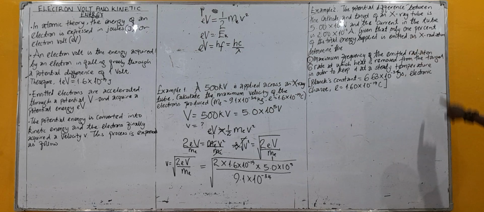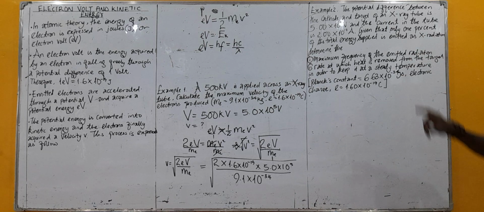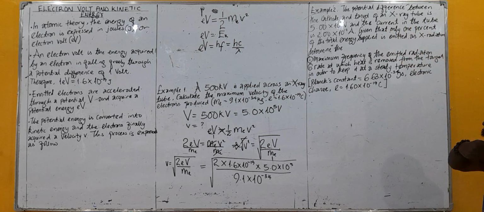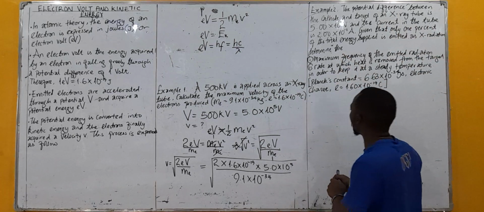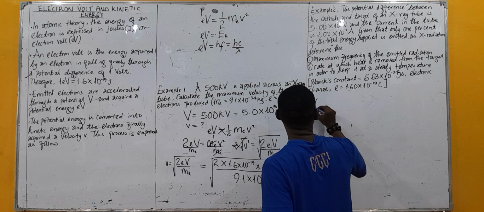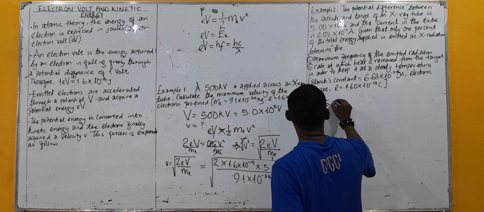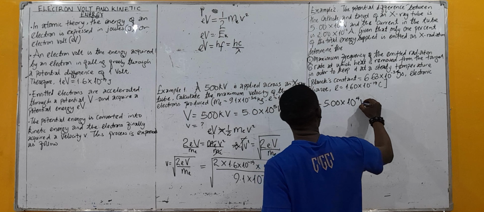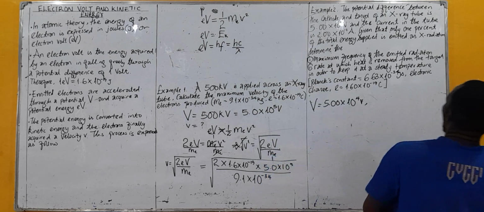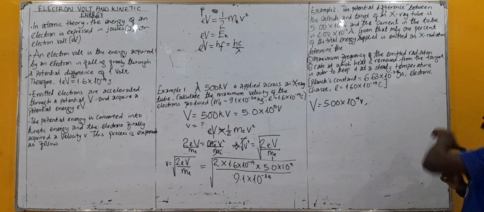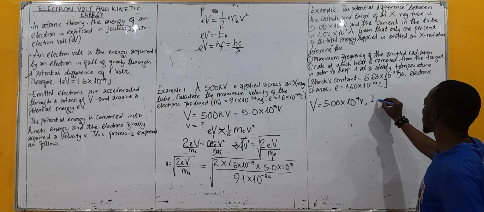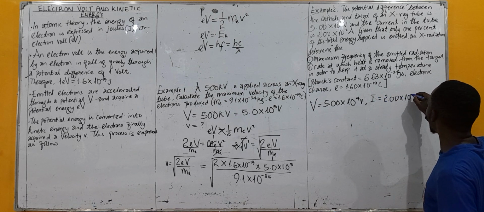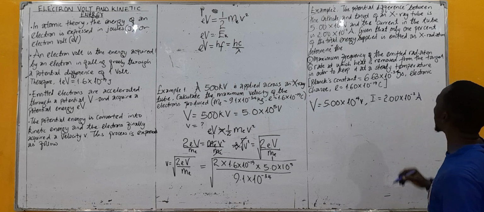Okay, so the potential difference between the cathode and the target of an X-ray tube, that big V, is 5.00 times 10 to the power of 4 volts. And the current in the tube is 2.00 times 10 to the power of minus 2 ampere.